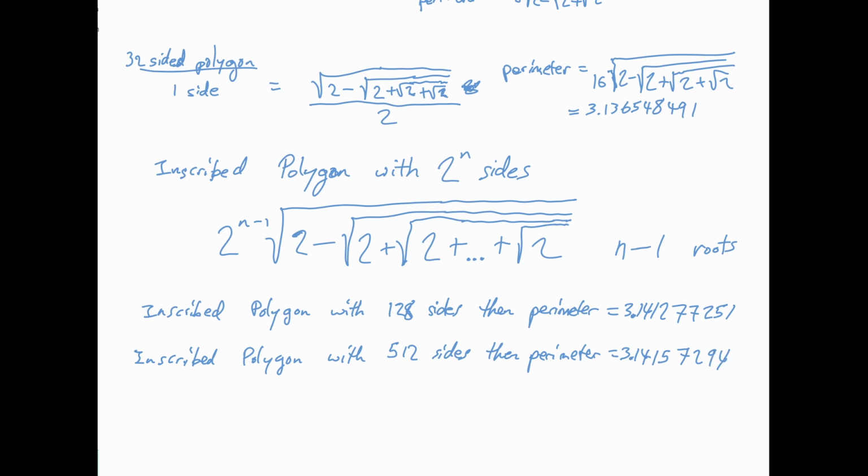So you see we get closer and closer to that irrational number pi.